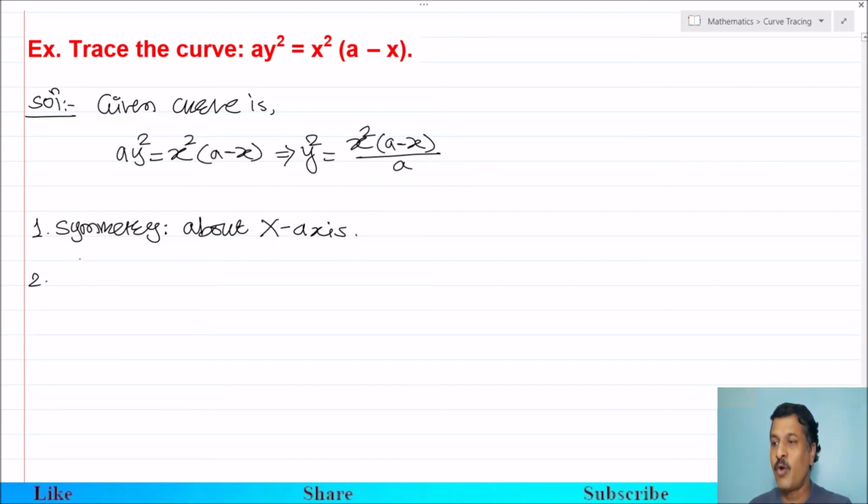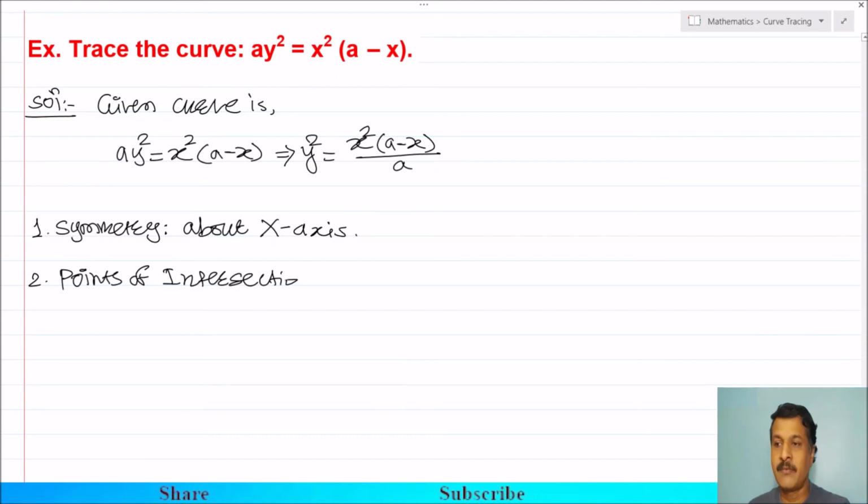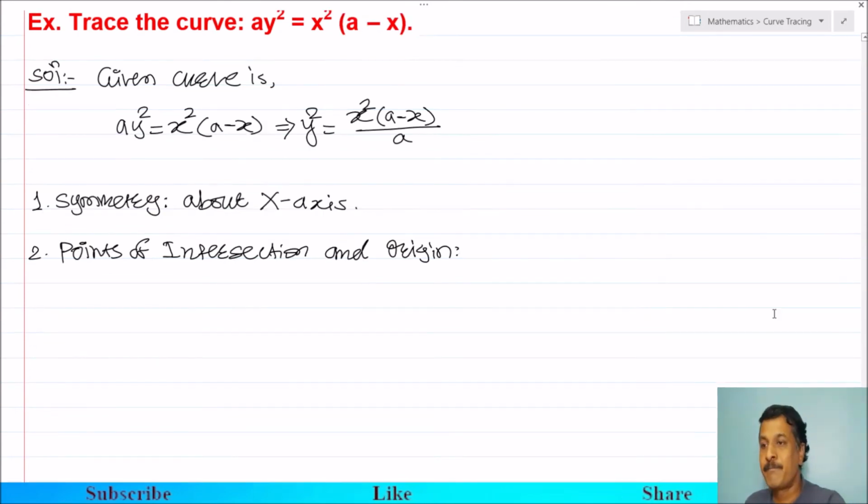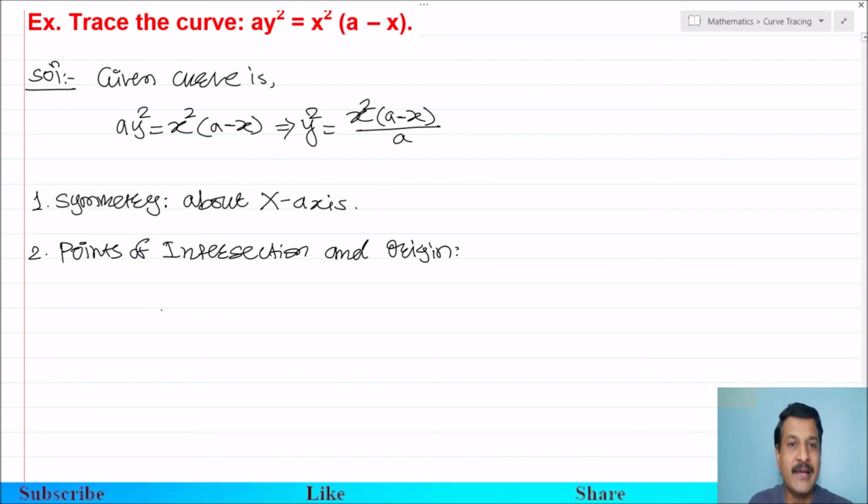Second point, points of intersection and origin. Here at the same time you find the origin also. How to find it? Put x equal to 0 and find all values of y, put y equal to 0 and find all values of x. If we get 0, 0, then the curve passes through the origin. If the curve passes through the origin, then find the tangent at the origin.